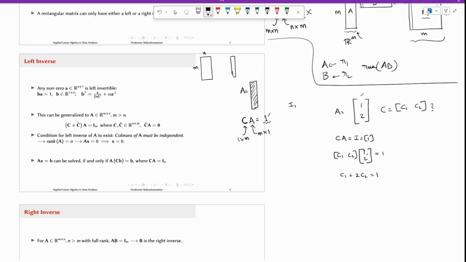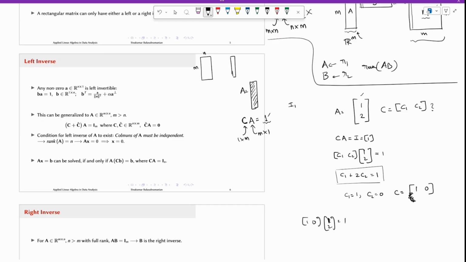Any C1 and C2 that solves this equation can potentially be a left inverse of A. For example, if I take C1 equals 1, C2 equals 0, then I get a row matrix C equals 1, 0. If I multiply 1, 0 by 1, 2, I'll get 1. So this matrix 1, 0 is a left inverse of this A.